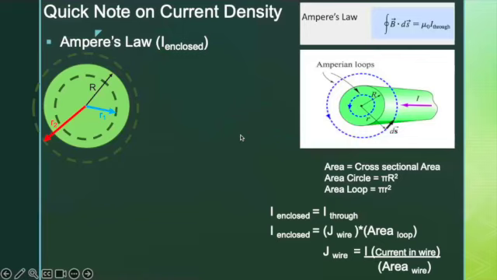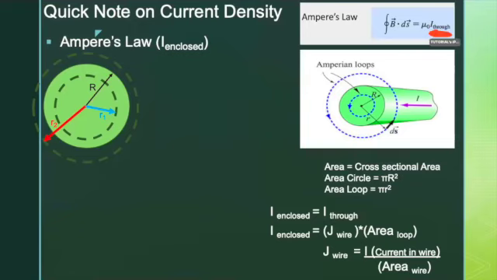All right. A quick note I just wanted to make. I'm not going to go over volume density. I'll show you an example you can think of after this to visualize volume. But for Ampere's law, this is magnetism. You may not be there yet. We have to find I enclosed. It's very similar to Gauss's law.